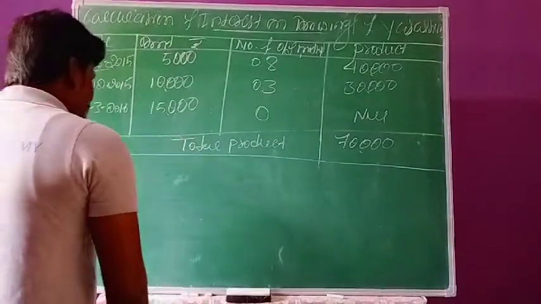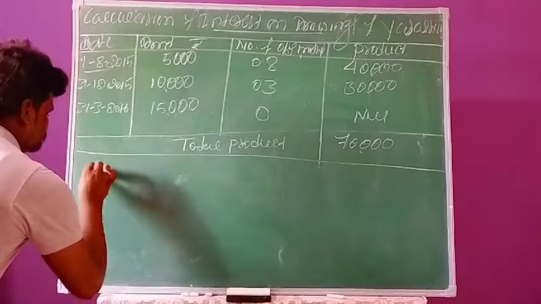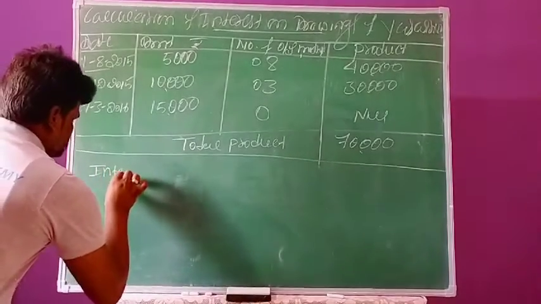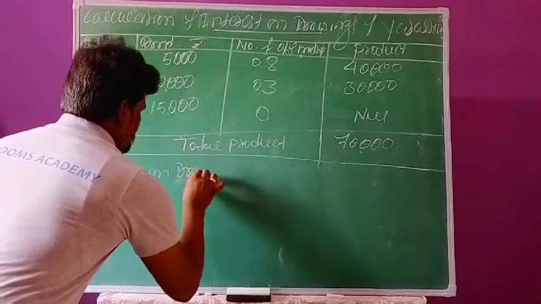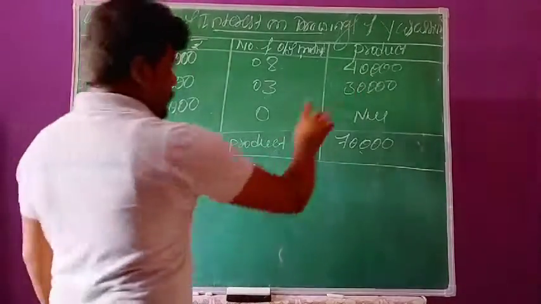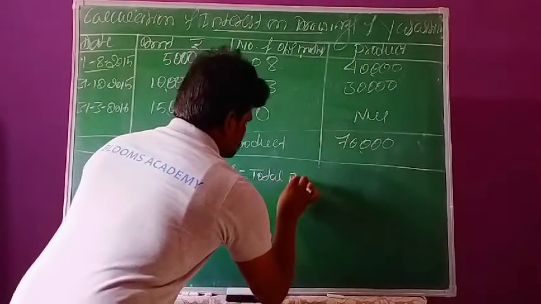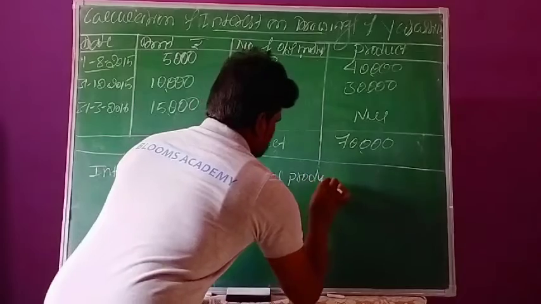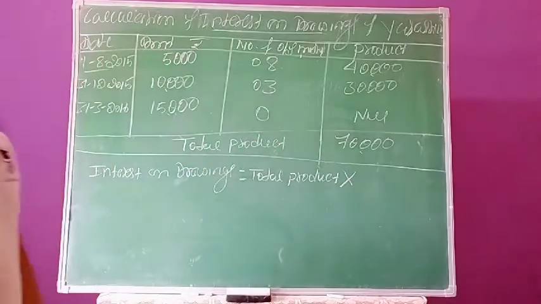The formula: interest on drawings equals total product into rate.